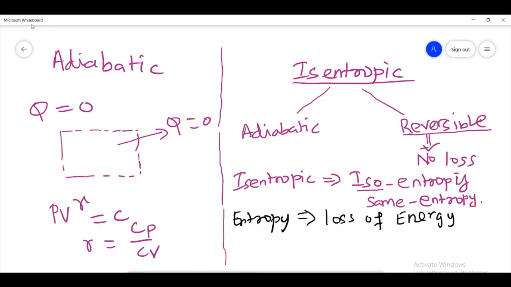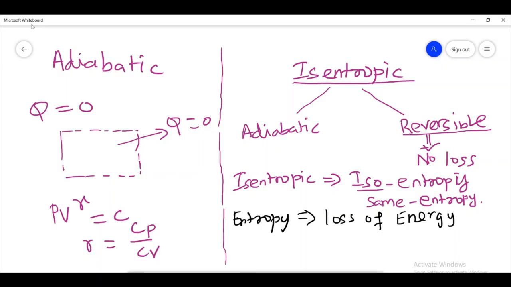When we say loss of energy, it means that when the process happens, because of the process there are some losses. In the case of isentropic, since the process is reversible, there is no loss. That is why isoentropy means same entropy, no loss. No losses are taking place.